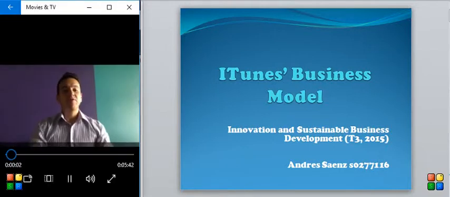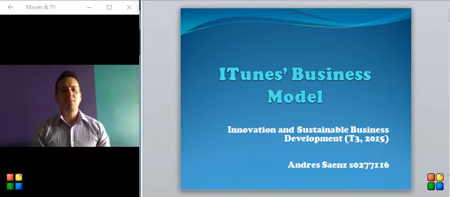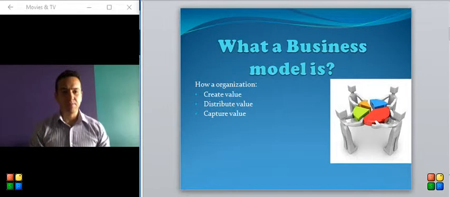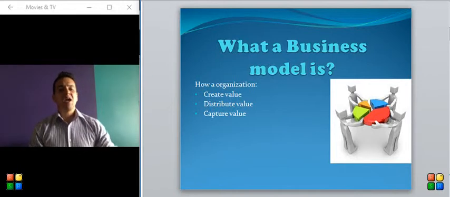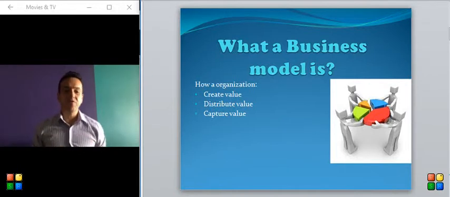Now we have to define what a business model is. There are too many definitions, but we are going to define it as how an organization creates value for the organization, how the organization creates a distribution of value, and finally how they capture that value for the organization itself.